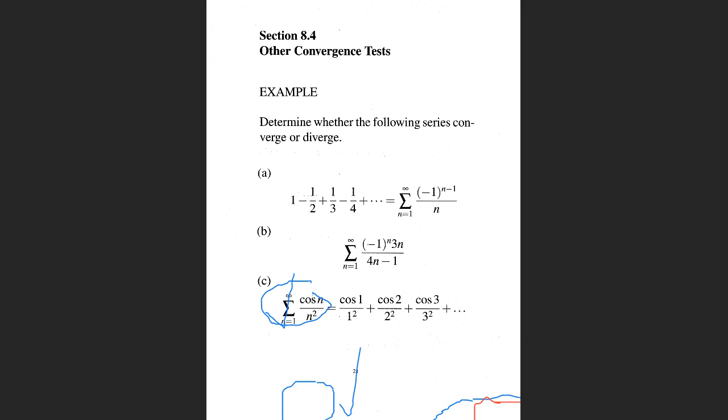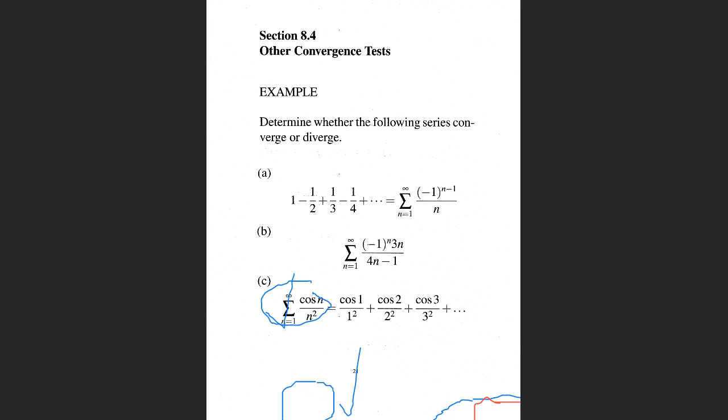The cosine function is bounded between -1 and 1 because of the graph of the cosine function. So the numerators are always between -1 and 1, but the denominators are increasingly getting larger. So the terms of this series in C certainly approach 0. That's not enough to make the series converge, but it's good. We need that in order for the series to have a chance of converging.